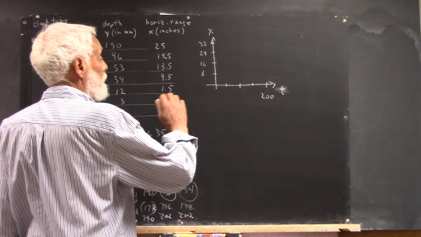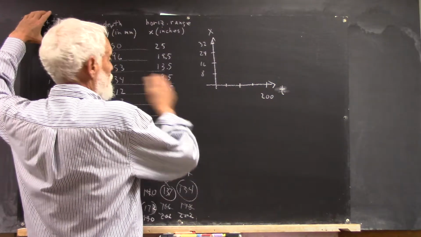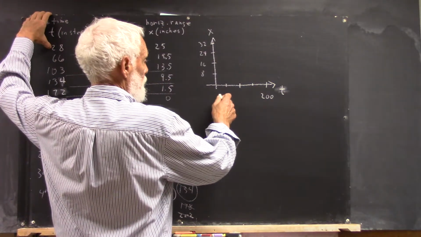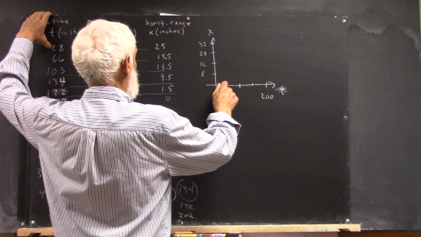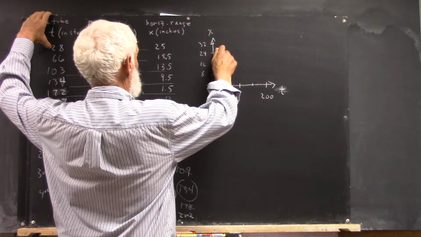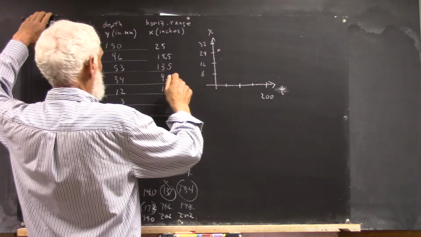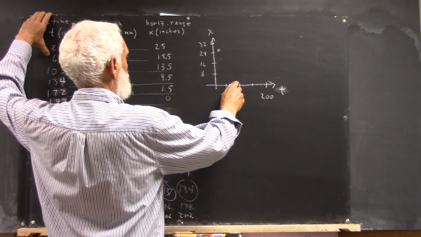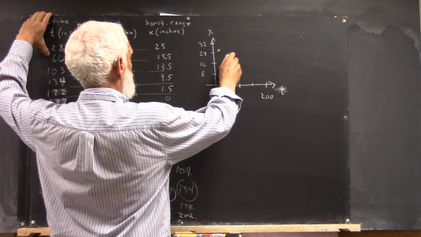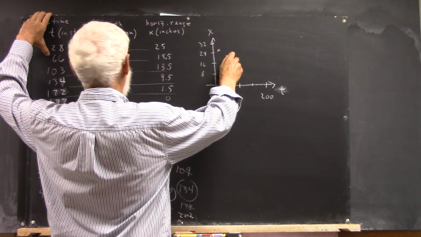So we get data points, okay? So let's just take what we've got here. This isn't quite right, but these are units of 50. So 28 would be about here, and we would be at 25, so we'd have a point like this. At 66, which would be around here, we'd have 19.5, which would put us maybe about here.